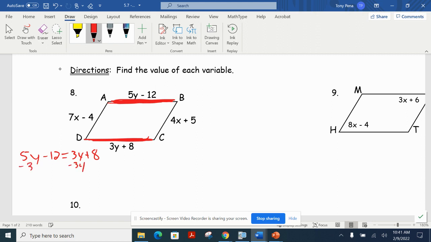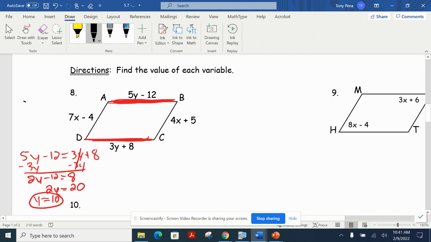And then we are all very competent at solving these. You just go through, solve for y. Once you have that equation, we should ultimately end up with a y value of 10. We still have the x's though. If we look at how those are related to each other, aren't these also opposite sides?